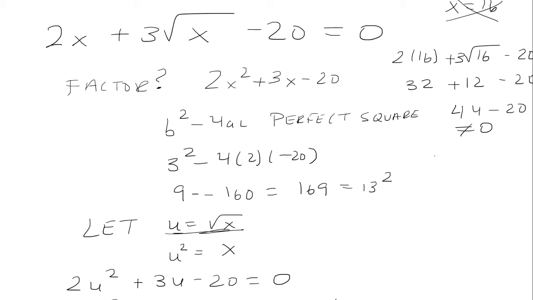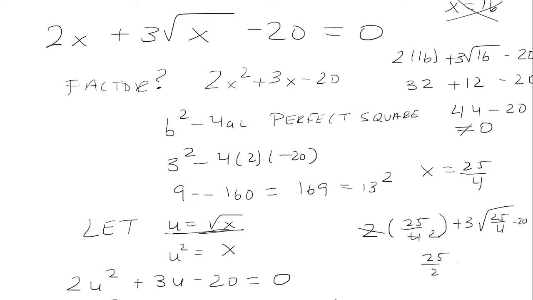Doesn't work. The next one we have to check is 25 over 4. Does this work? Well, 2 times 25 over 4 plus 3 times the square root of 25 over 4 minus 20. So the 2 will cancel here, so we get 25 over 2 plus 3. Now the square root of 25 over 4 is 5/2, and then minus 20.